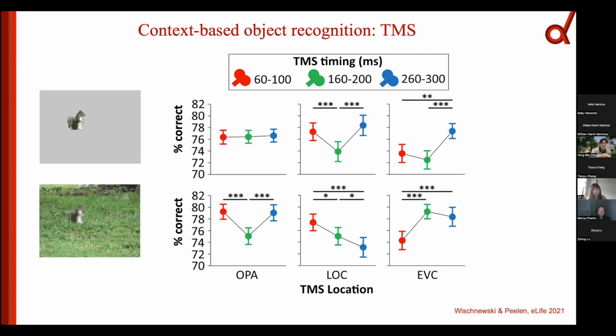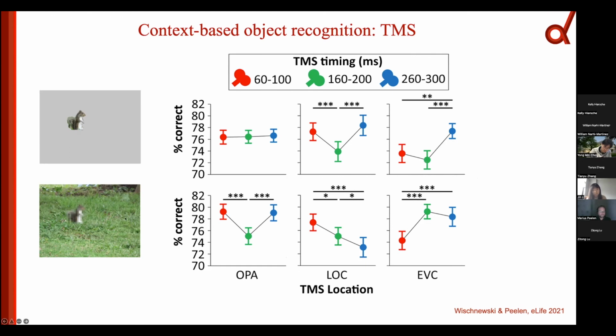In line with, for example, the perception cycle hypothesis that I showed you earlier, participants might have a guess what the object could be, and then test this hypothesis by sending feedback to earlier visual cortex. For example, they might initially guess that this could be a squirrel. If that's the case, then it should have some eyes, it should have a particular texture, and this hypothesis might be tested by sending feedback to early visual cortex, which could happen around this 200 millisecond time window.